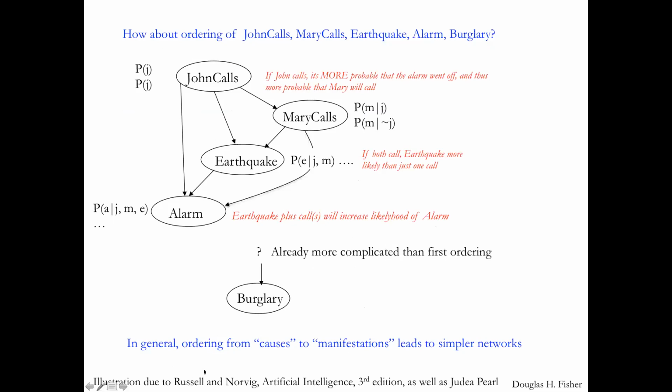So in general, different orderings give you different networks. Some are going to be more complicated than others. As a general rule of thumb, if you order the variables from those that correspond to causes to those that correspond to manifestations, that leads to simpler networks.